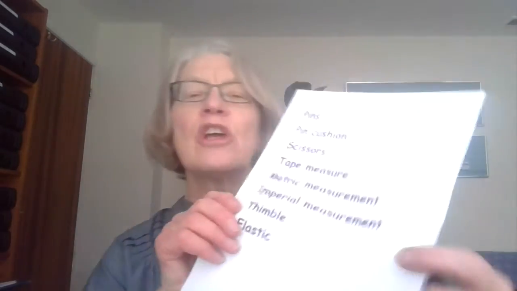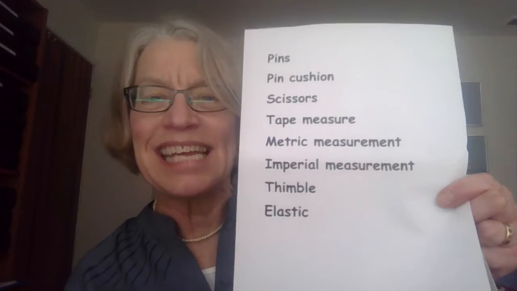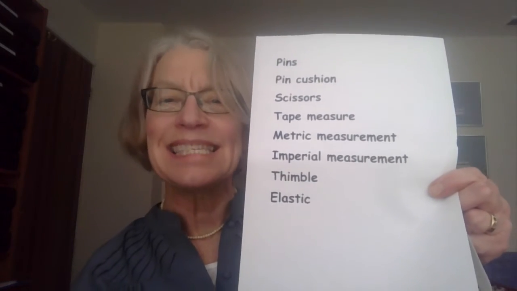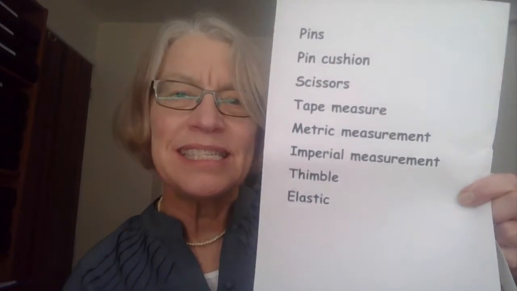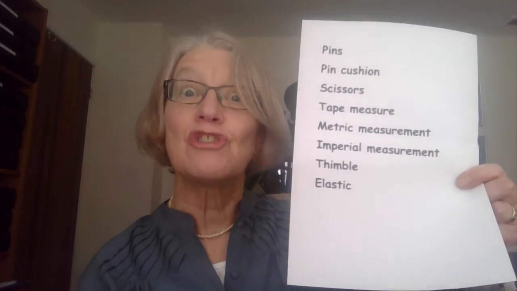This one. It's stretchy. So if I want to sew something to make it stretchy, I would put this in it. There's some other sorts. There's a little bit. Can you see how stretchy it is? And we call that elastic. Elastic. You could sew it into something to make it stretchy.